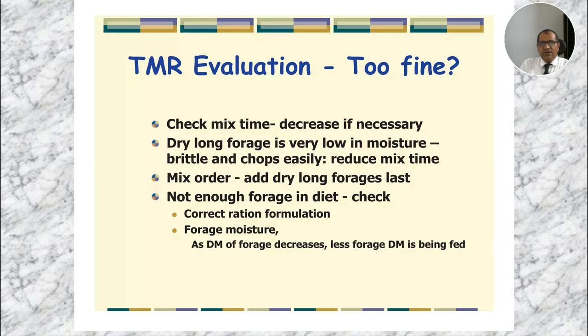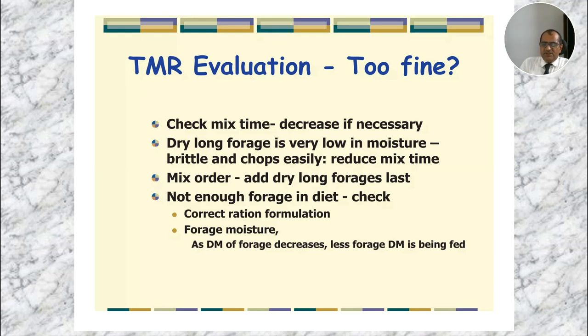Then for TMR evaluation, whenever it is too fine, check the mix time and decrease if necessary. Dry long forage is very low in moisture, brittle, and chops easily, which will reduce the mixing time.